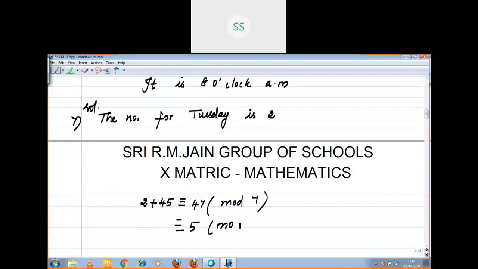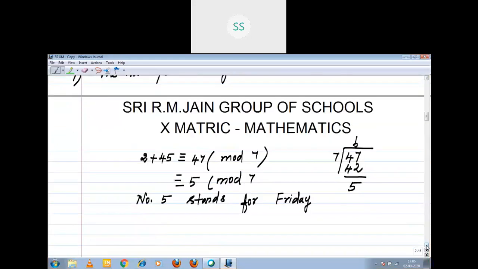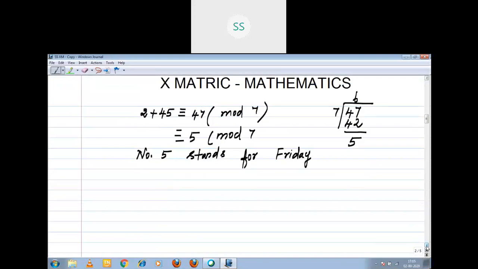You divide 47 by 7: 7 sixes are 42, and the remainder is 5. Now 5 stands for what day? Friday. So the uncle will be coming on Friday.